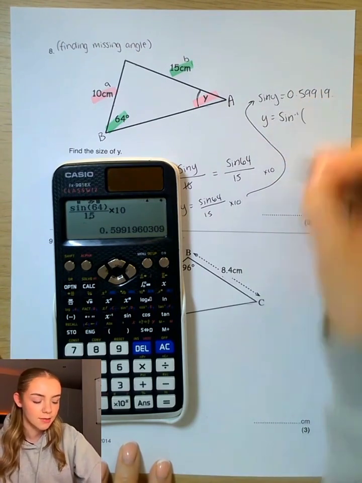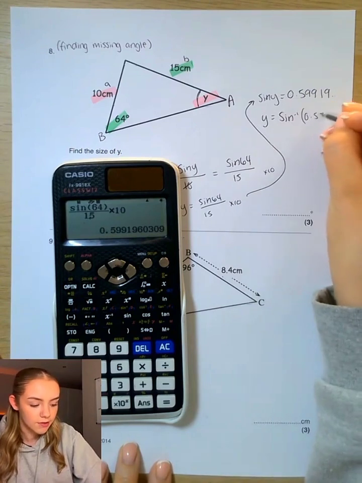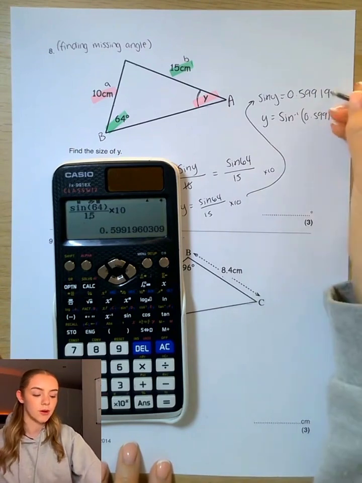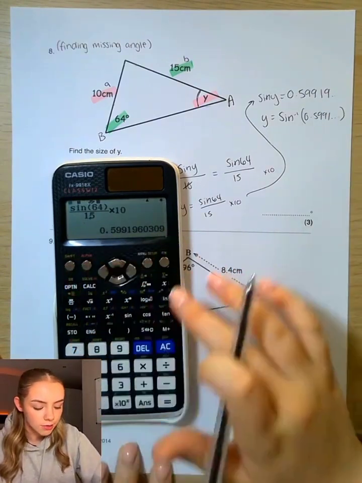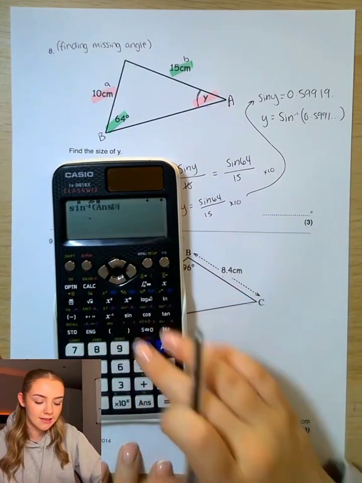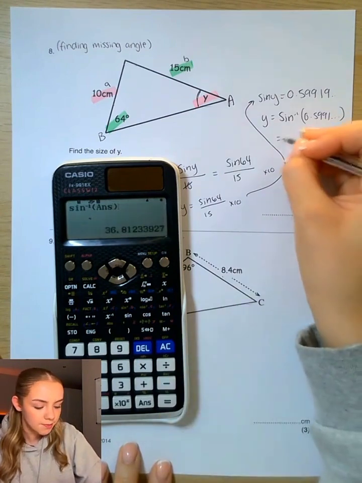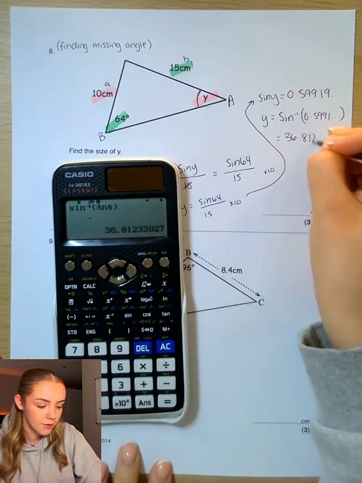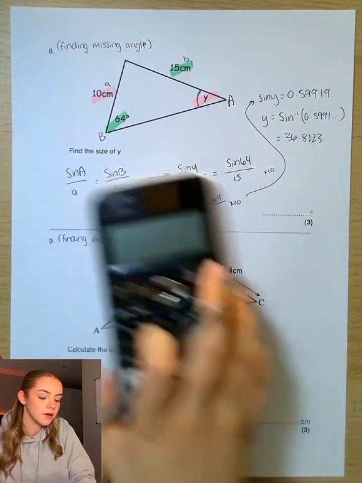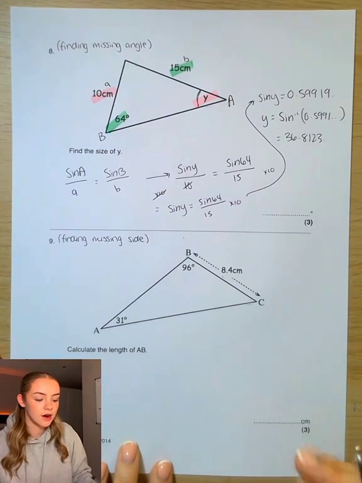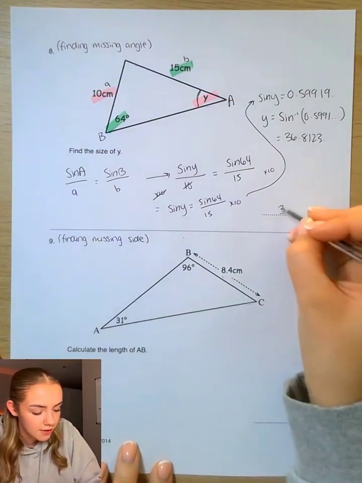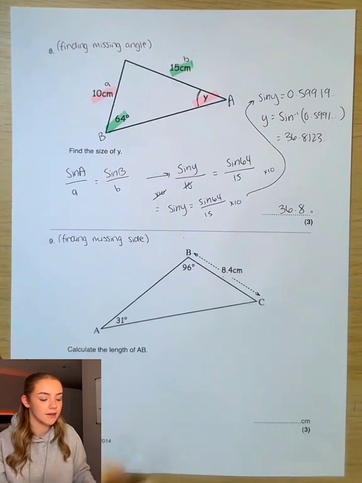So it'll be sine to the power minus 1, 0.5991, so on. This number that we had here. So we do inverse sine, stick that answer in, and that will be 36.8123, so on, degrees. It doesn't ask us to round, but I'm just going to do it to one decimal place. So that'll be 36.8 degrees.